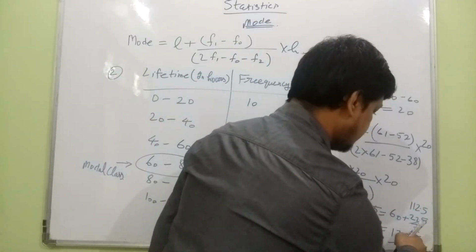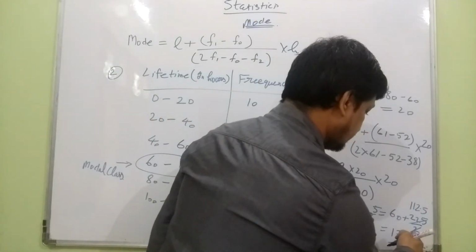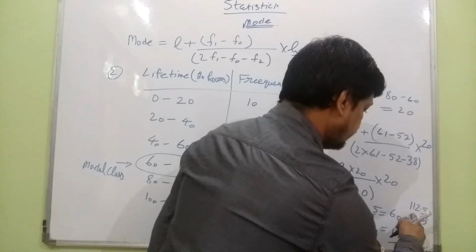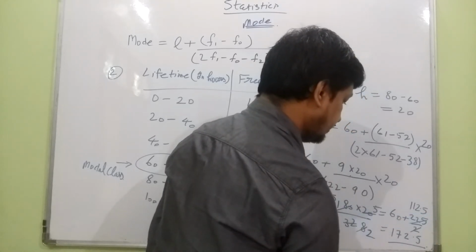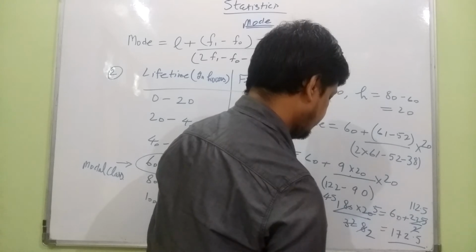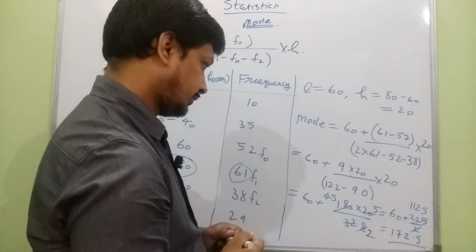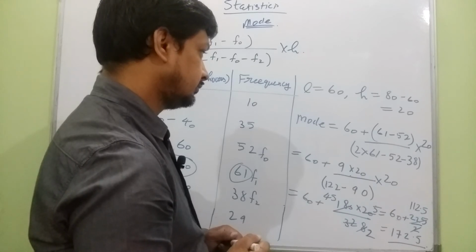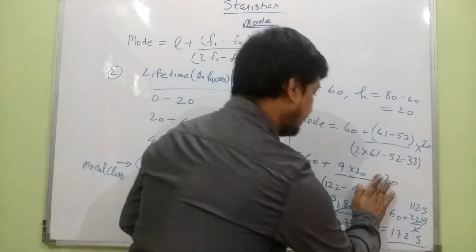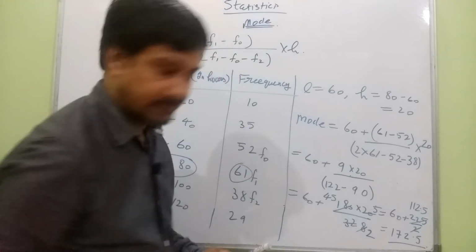Okay, we have just 2 1 is 2, 2 1 is 2, 2 2 is 4, 112.5. We have taken 20 twicely. That's why we have some mistake.